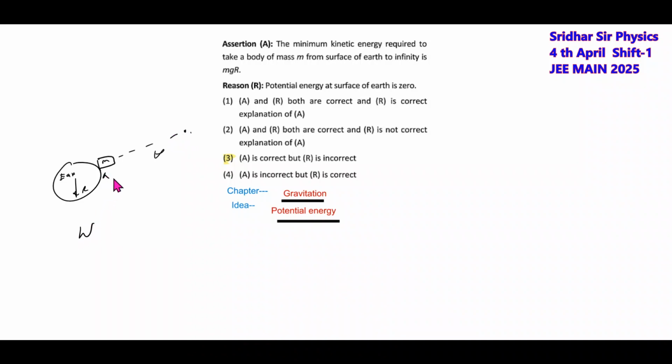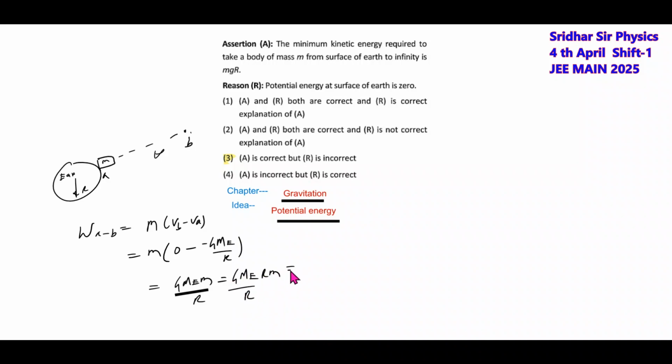Work done by an external agent in moving from A to B should be equal to mass into Vb minus Va. Potential here is 0. Potential on the surface will be minus GMe by R. So this will become GMem by R. Multiplying and dividing by R, GMe by R square will become g, so it is mgR.